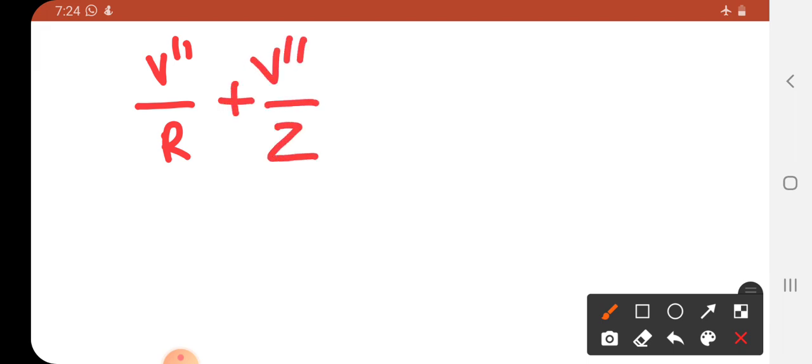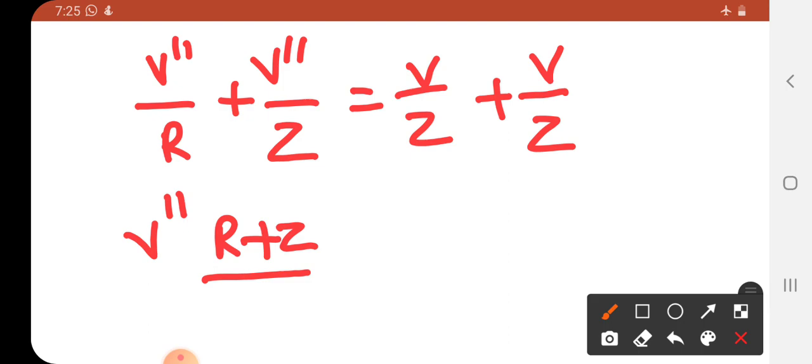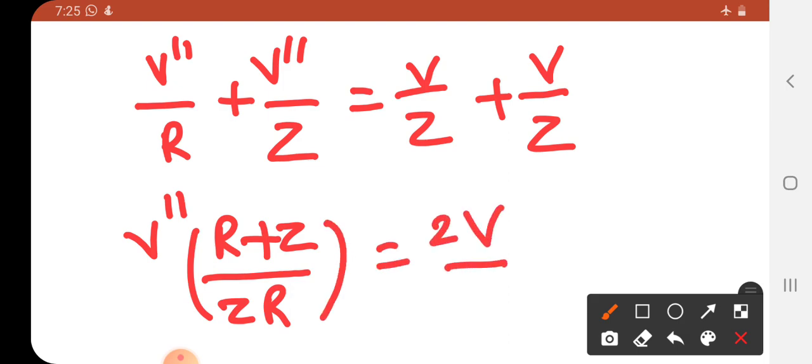That is V double dash by R plus V double dash by Z is equal to V by Z plus V by Z. Yes, if we take V double dash common, this is R plus Z by ZR, equal to 2 into V by Z. This Z gets cancelled.